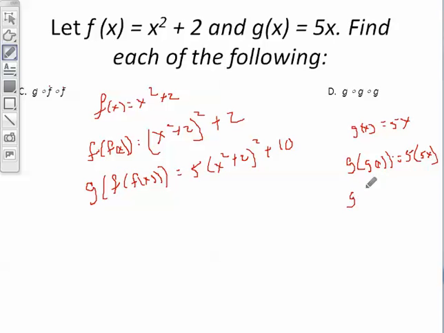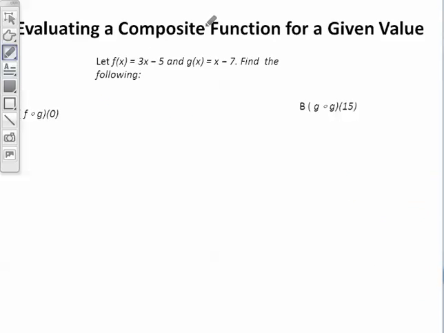And g of g of g of x is going to be equal to 5 times 5 times 5x. Well, 5 times 5 is 25 times 5 is 125. That'd be 125x. That's all there is to it. It's just putting one inside of the other one inside of the other one. It's the way it amounts to.